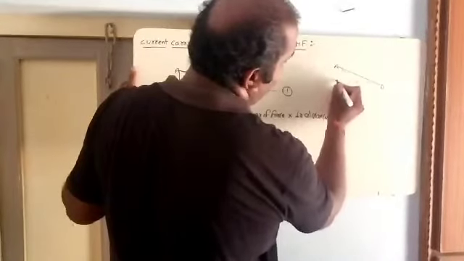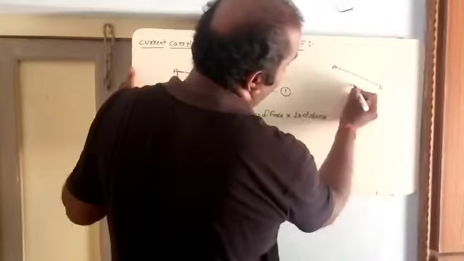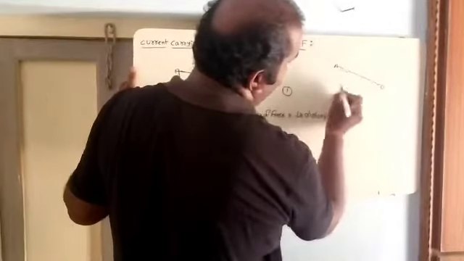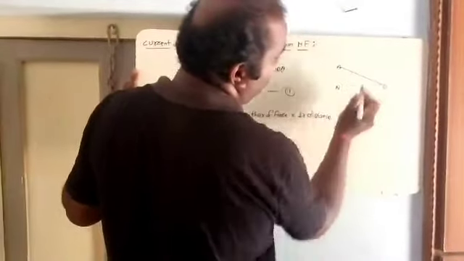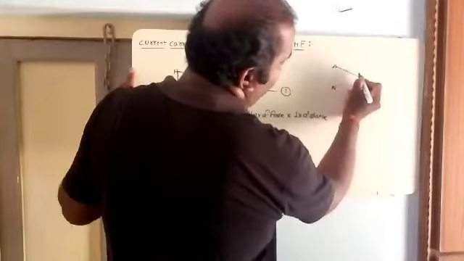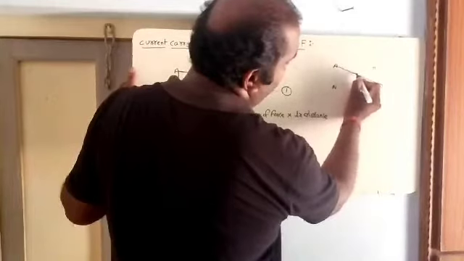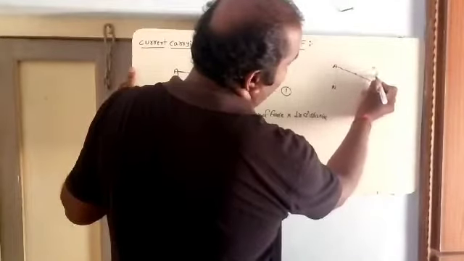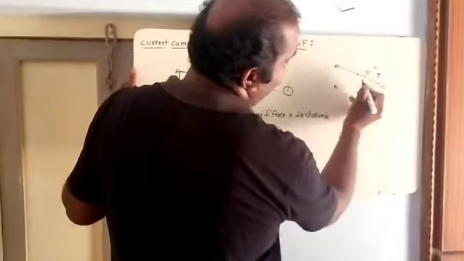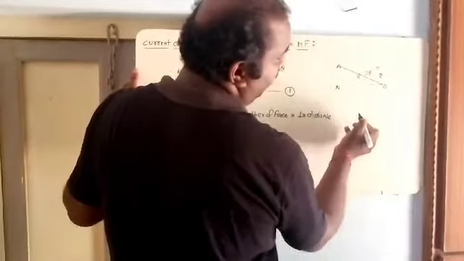This perpendicular distance I am taking, this is N. And this is the magnetic field B bar. The angle between them is theta.